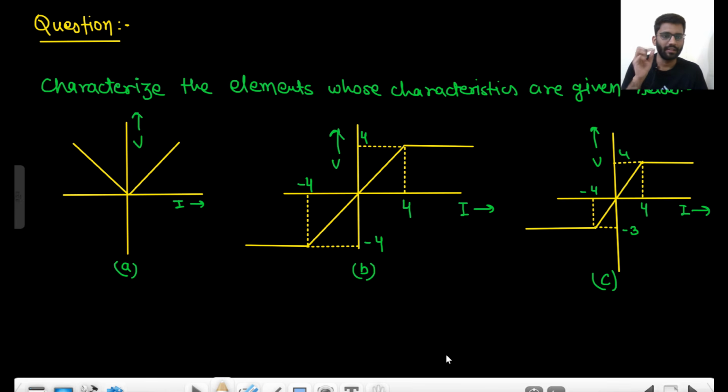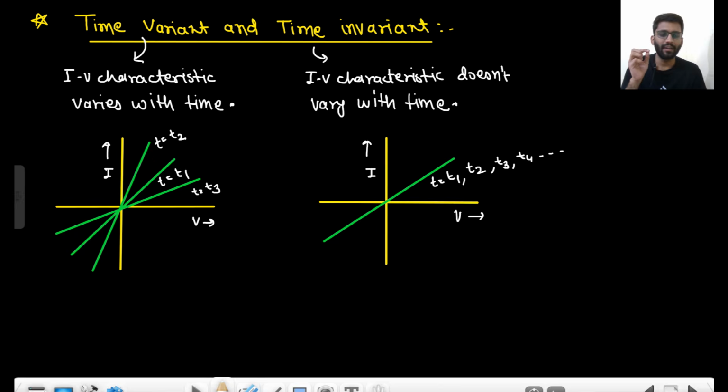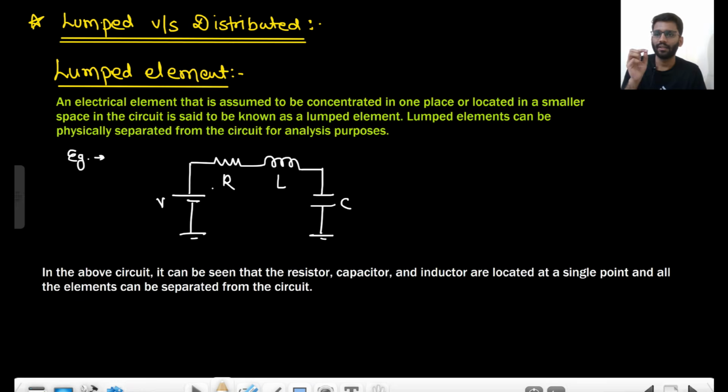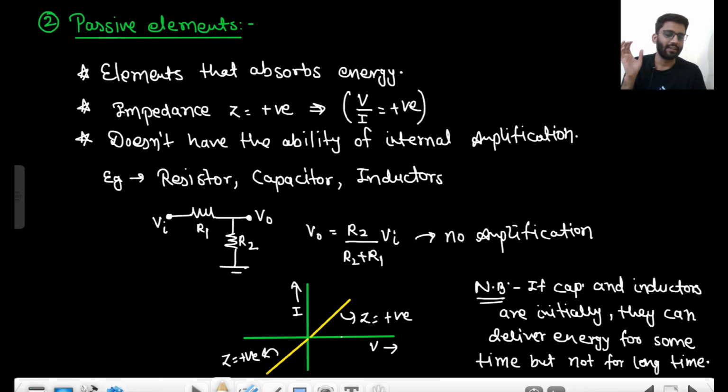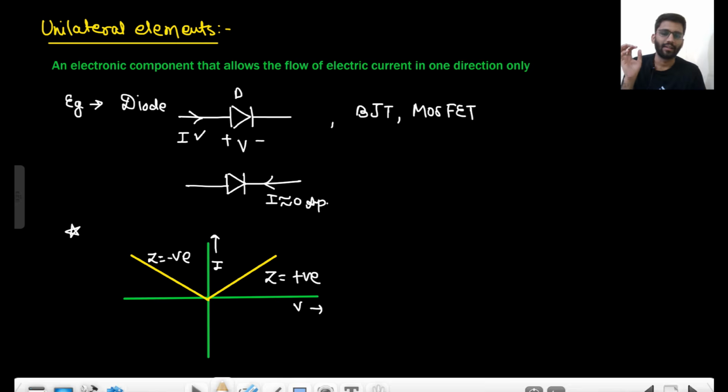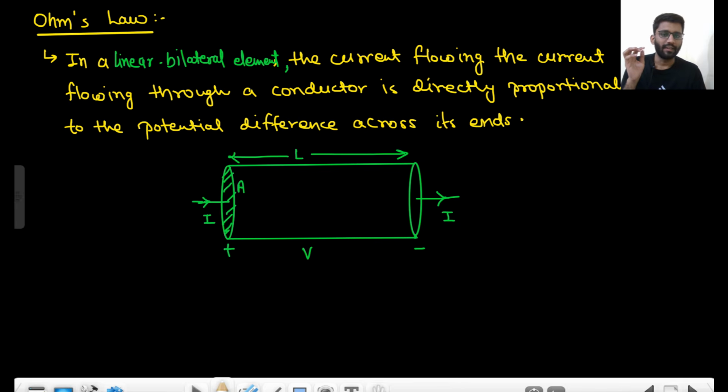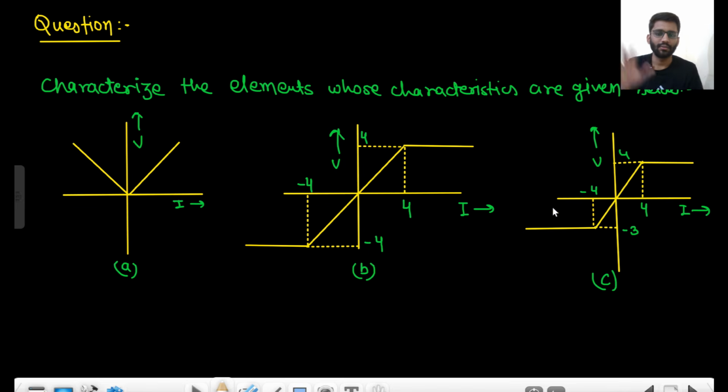So you need to tell linear or non-linear, unilateral or bilateral, and active or passive. Based on this, try solving it on your own. Just write down your answer, then check it.